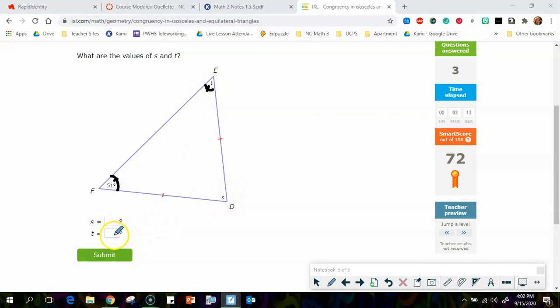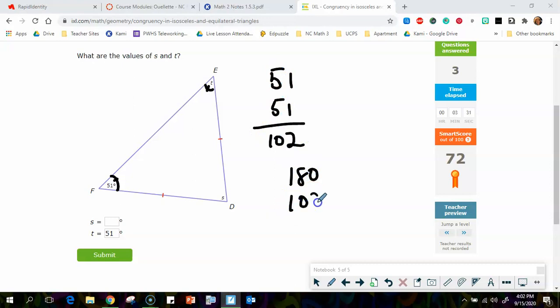Let's do T first, because angle T, or angle E, is going to be congruent to this one. So angle T we know is 51. And if those two are 51, then together they're 102, and if we subtract from 180, we get 78 for the other one. So angle S is 78 degrees.